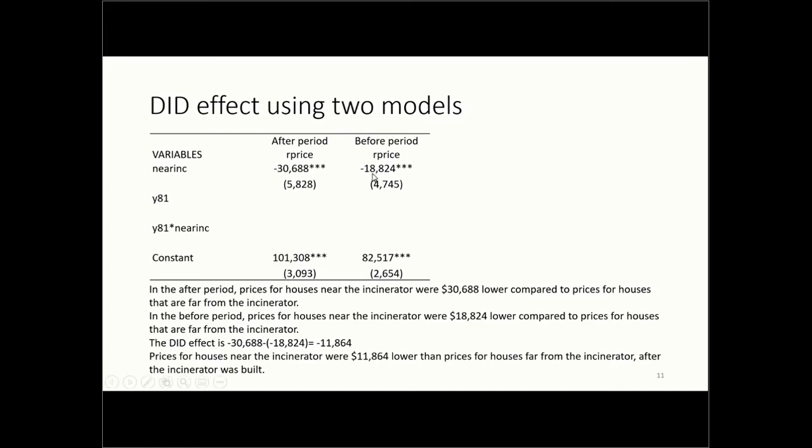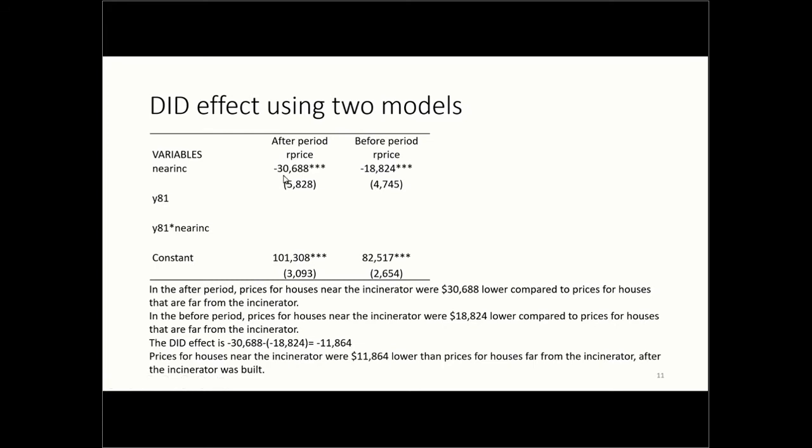In the before period, actually the house prices for near the incinerator were $19,000 lower compared to house prices that were far from the incinerator. So we see again that that difference is actually larger in the after period.